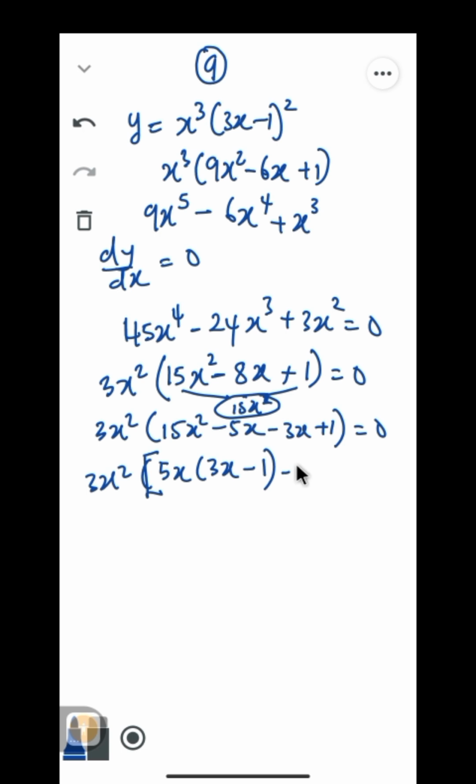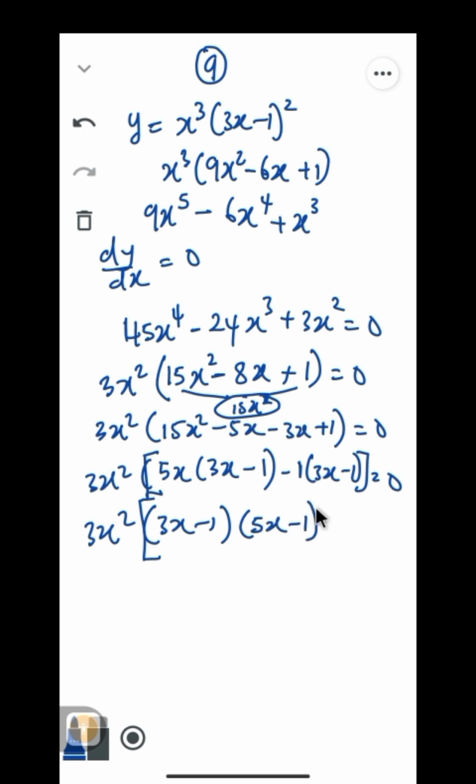HCF here is 1, 1 into the same 3x minus 1 is equal to 0. Now we can factorize this further by saying 3x squared into the HCF here is what? 3x minus 1. So let me make it a big bracket here. And we also have 5x minus 1 over here, which is equal to 0. Okay, so we have that.